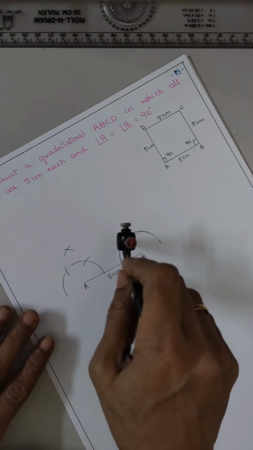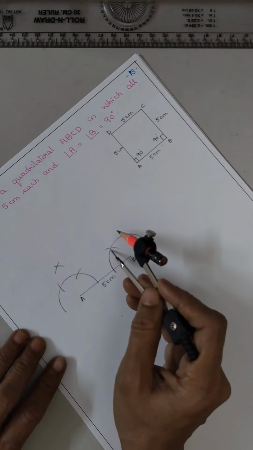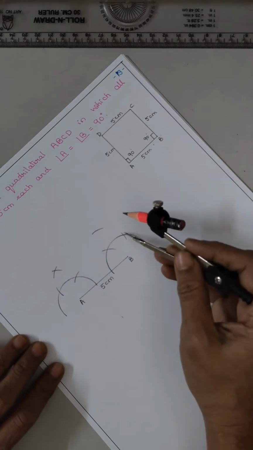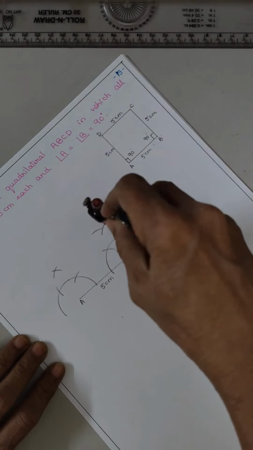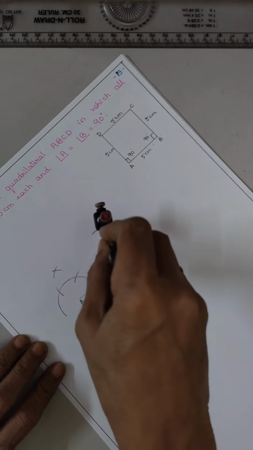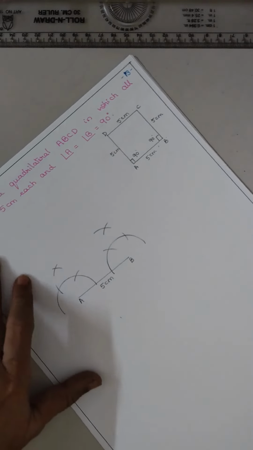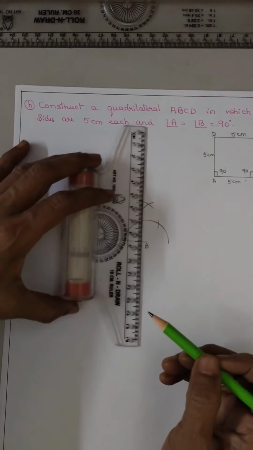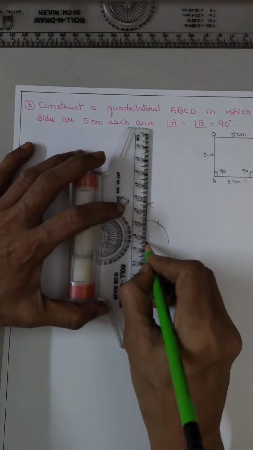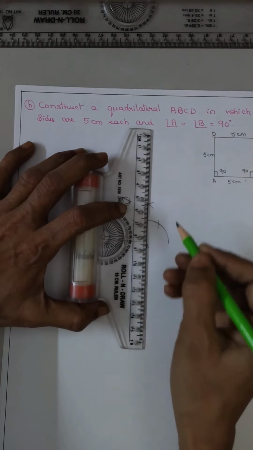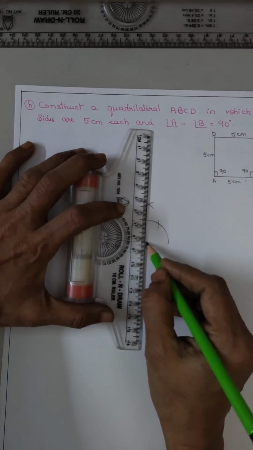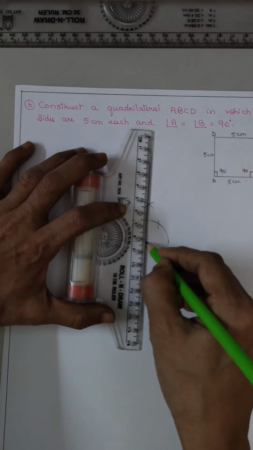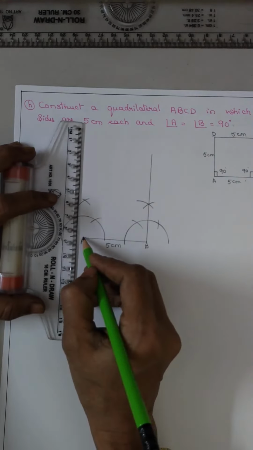So from left side 60, 120. Now bisect 60, 120. Because both are 90 degree, you can construct 90 degree together. It will save the time. So B and this join, draw a long line.